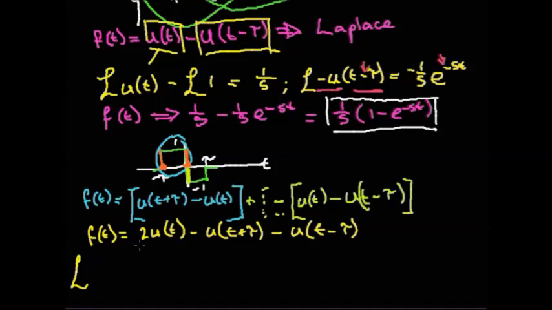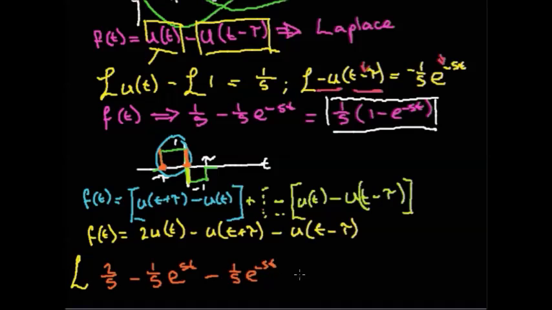I've got a 2 u of t here, so here I'm going to have 2 over s minus this one here, which is, there's my 1 over s, e to the, there's a positive in there, so that's going to be e to the st minus, and I've got this one here, there's a minus in there, so I've got 1 over s, e to the minus st.